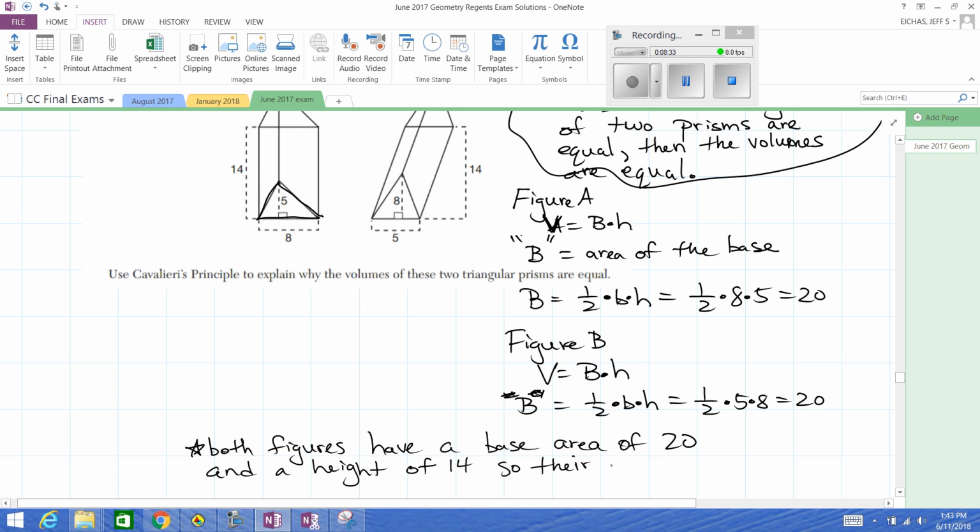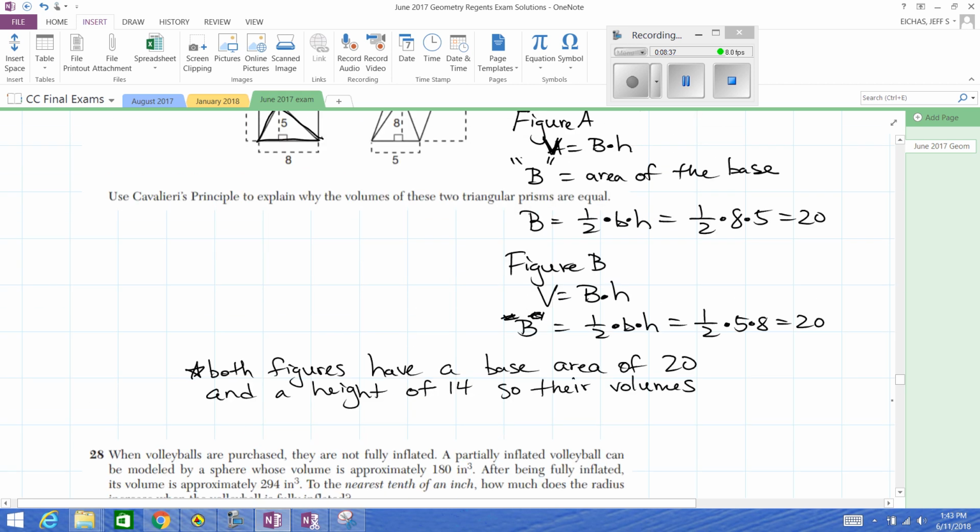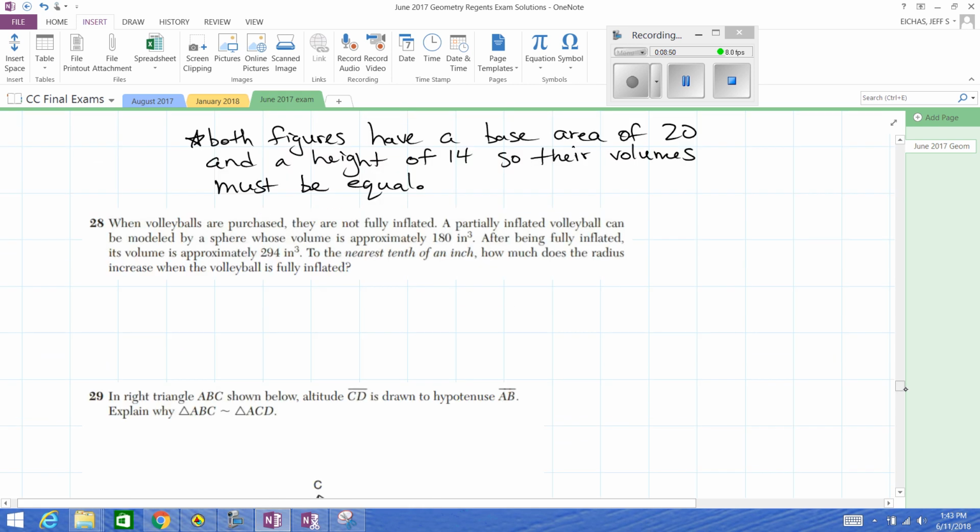So their volumes must be equal. You don't actually have to figure out what those are, but I think it's 280. You don't have to figure out what they are, you just have to know they're going to be equal. Okay.